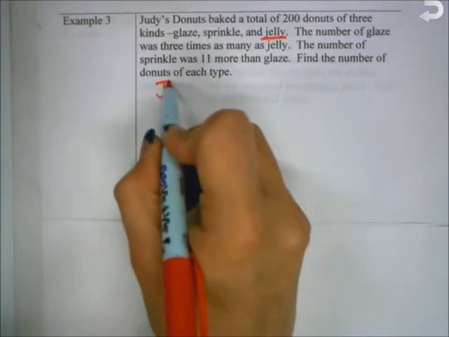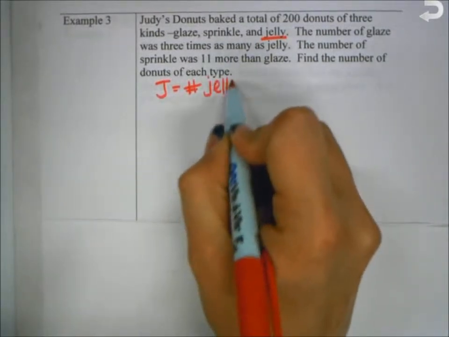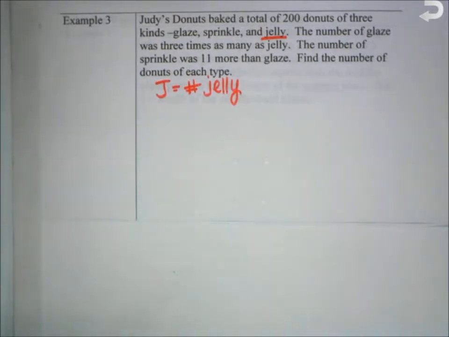Whenever we put a variable in an equation, we have to make sure that we identify what that variable stands for. You can't just start using J, G, and S and expect your reader to know what it is you're talking about.